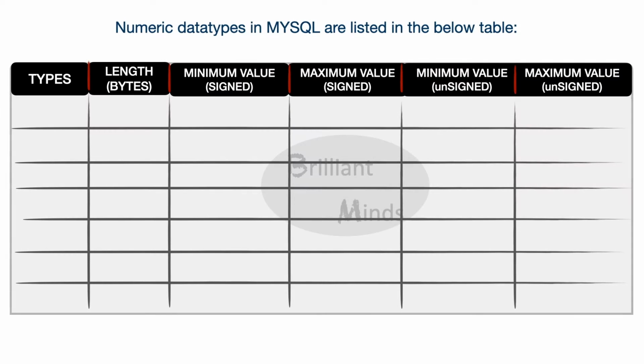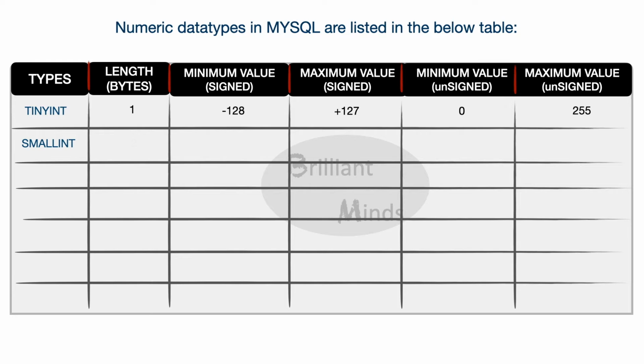Here you can see the proper table where we have the complete numeric data types. In this, the first one is tiny int. The length is 1 and minimum signed value is minus 128 and maximum signed value is plus 127. Minimum unsigned value is 0 and maximum unsigned value is 255.